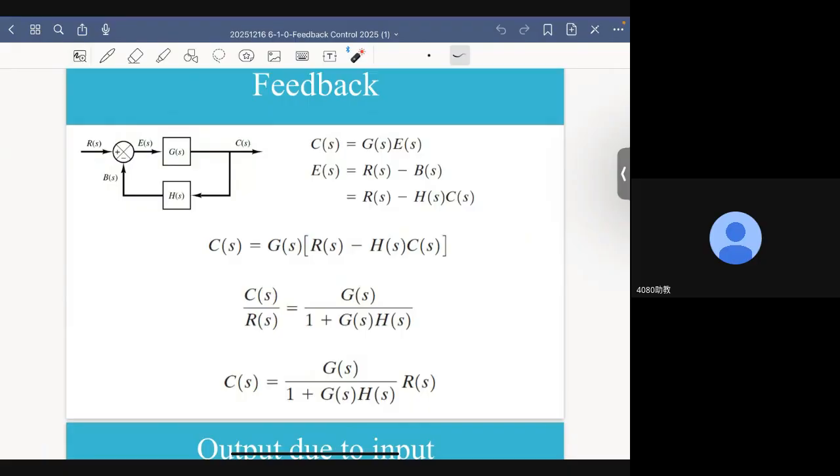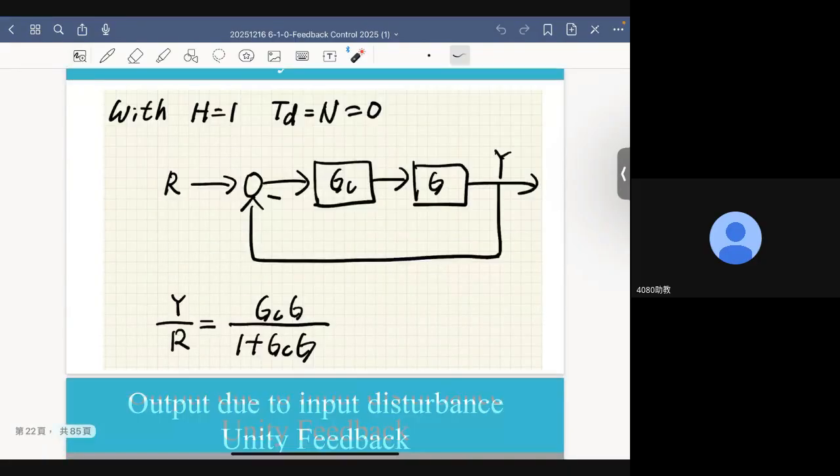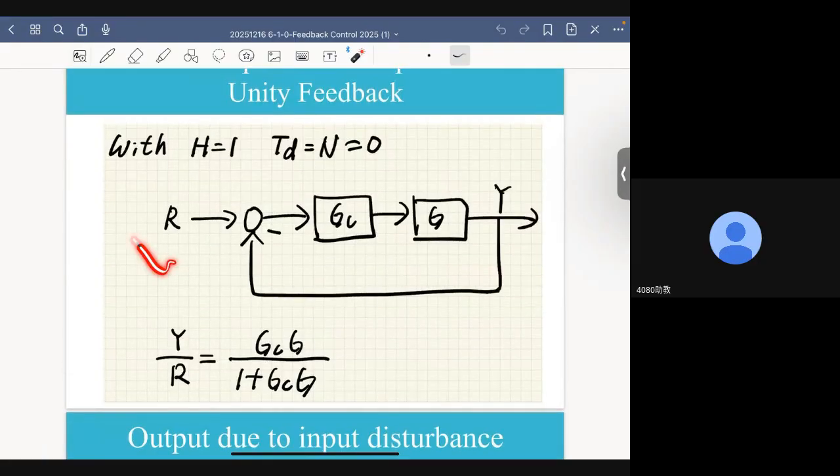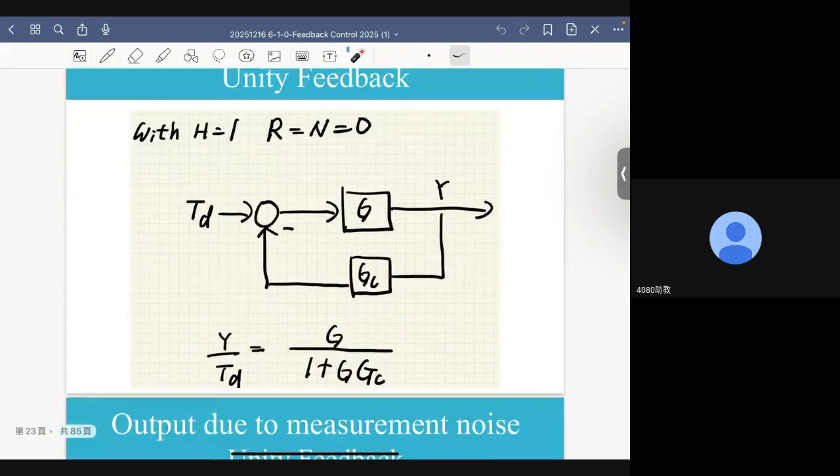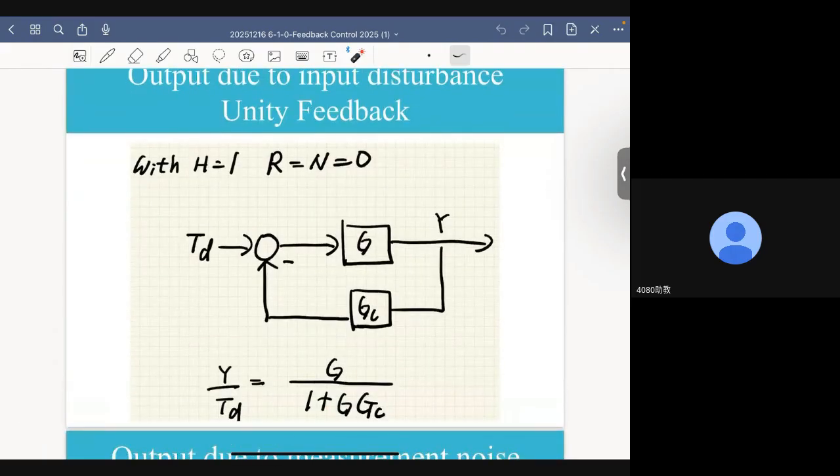Based on this concept, we can determine the transfer function between R and Y. We can also determine the transfer function between the input disturbance and the output.